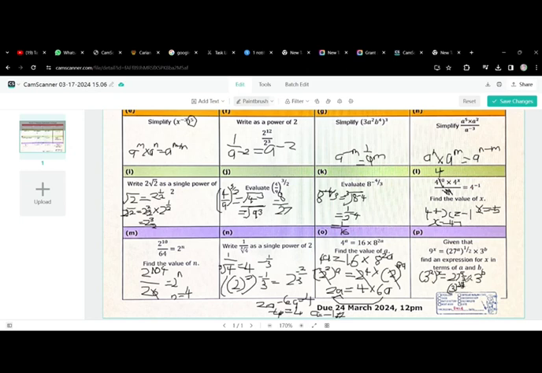So it's 3a over 2 times 3b, and here 3 to the power of 2x. So now we extract everything, which is 2x equals 3a over 2 plus b, sorry.